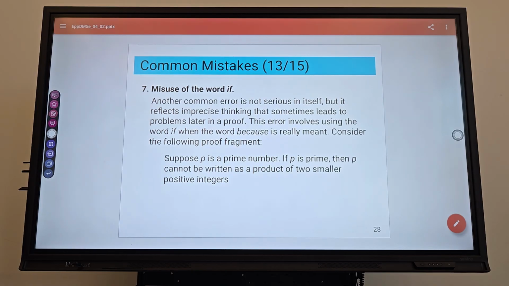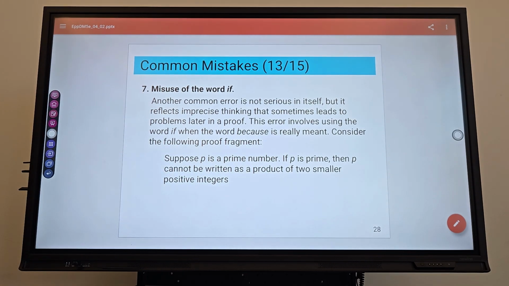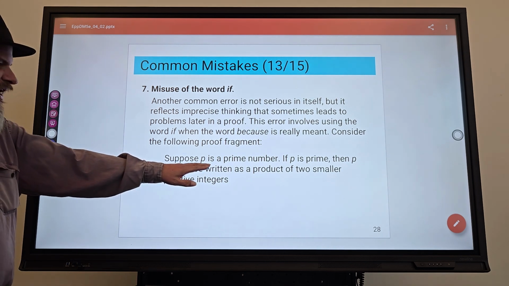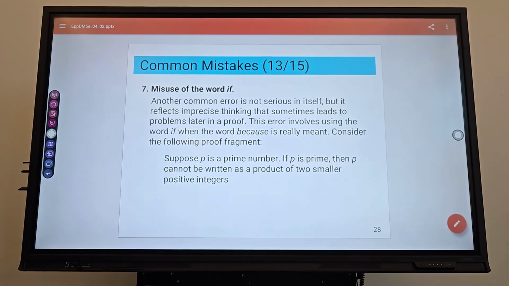If p is prime, then p cannot be written as a product of two smaller positive integers. But the use of if is unnecessary or imprecise because we are assuming p is a prime number, so there is no if about p being prime.